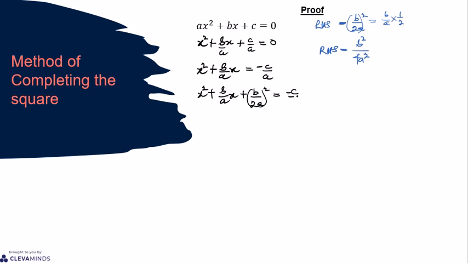Negative c over a plus b squared over 4a squared. Yes, that's good. So now we have added it to both sides of the equation. So that's one of the steps in solving a quadratic equation. We are not done with the method of completing the square.